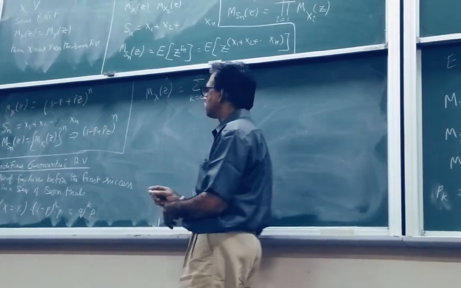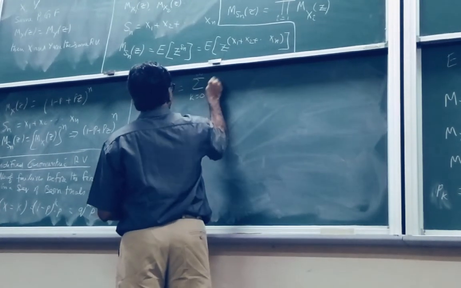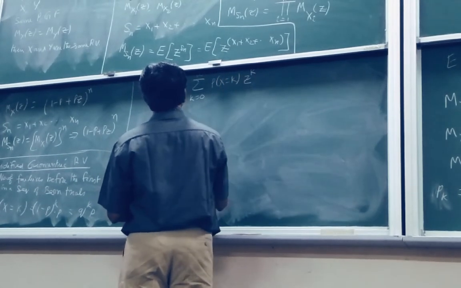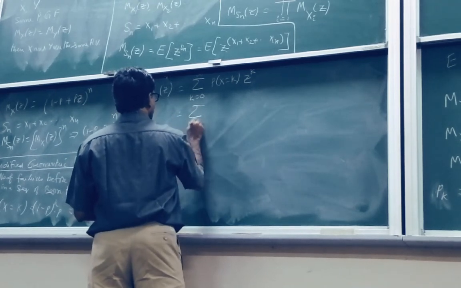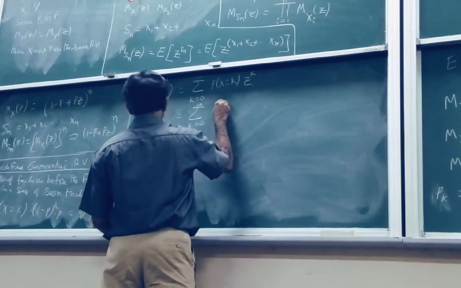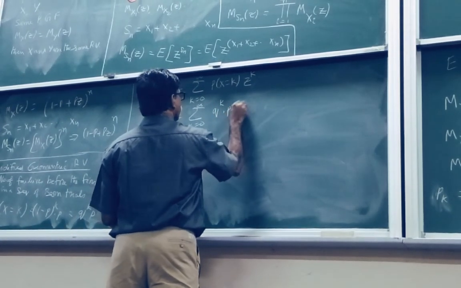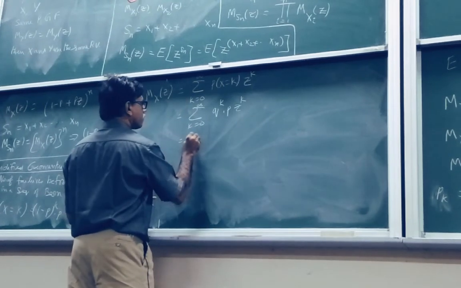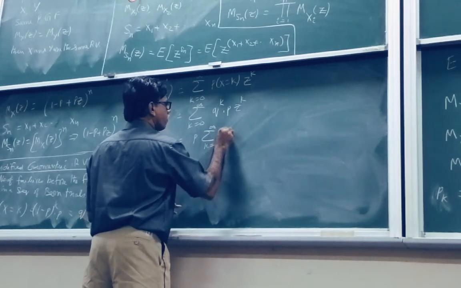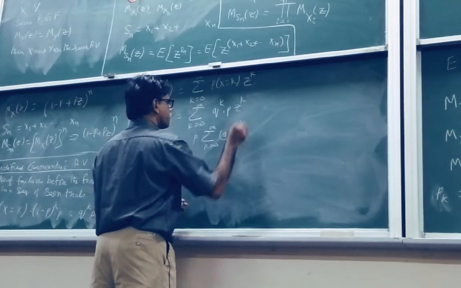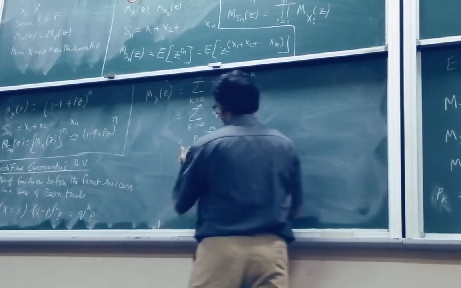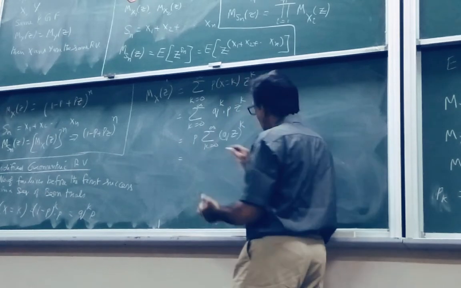First itself can be a success. So here it's (qz) power k, q is less than 1.